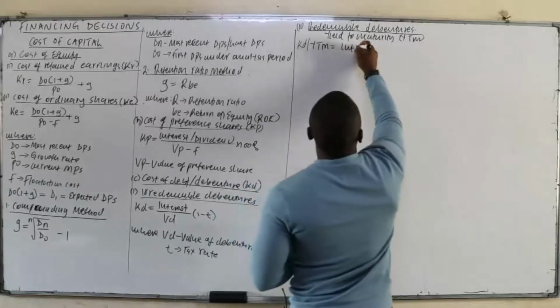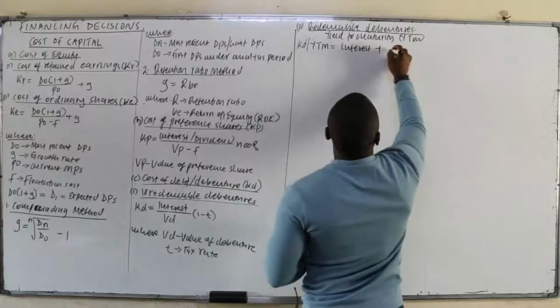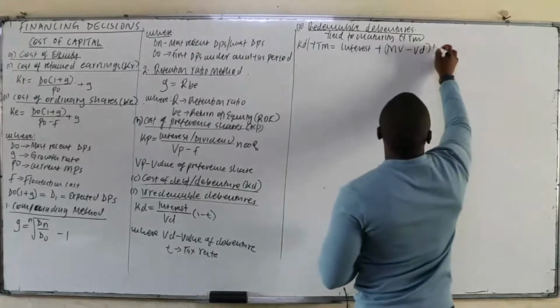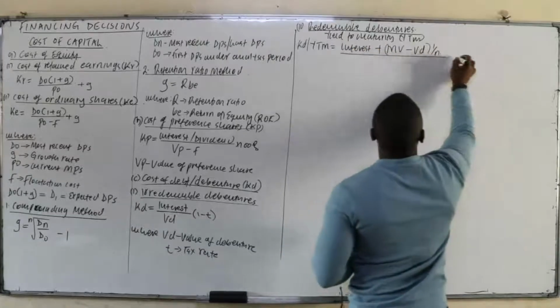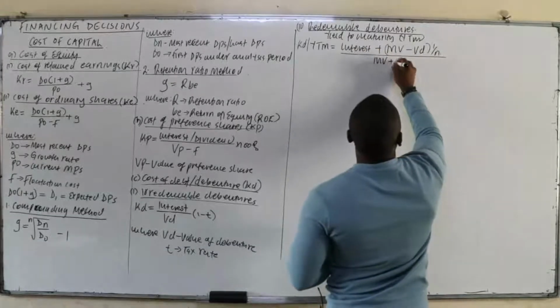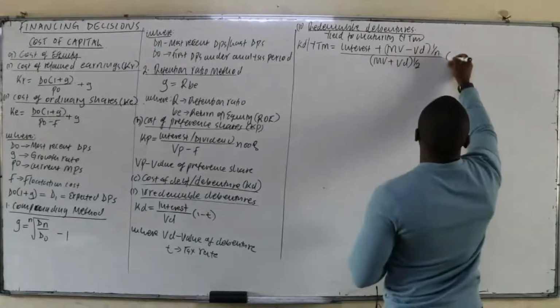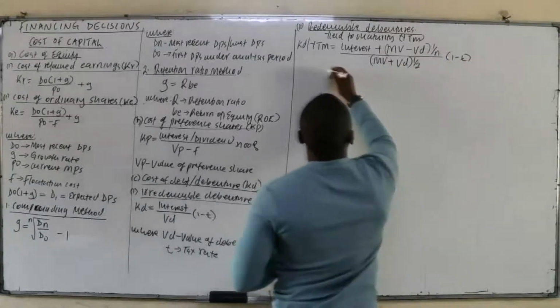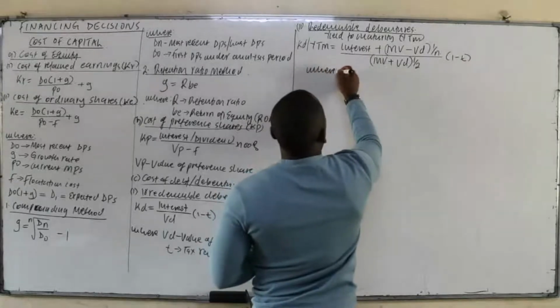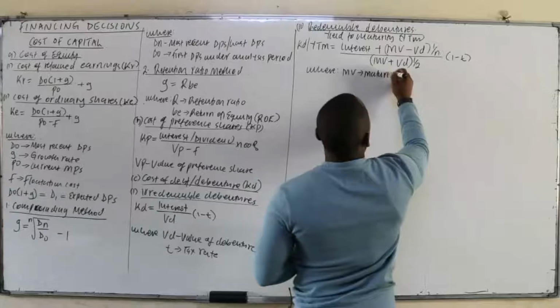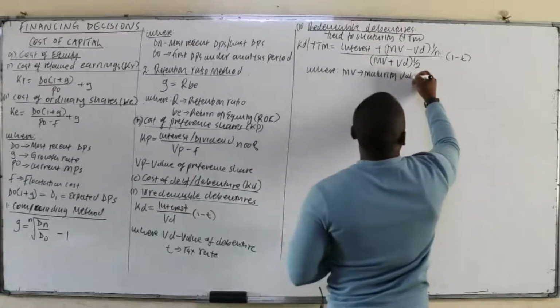You take the interest plus maturity value minus the value of the debt, times 1 over n, all of it divided by the maturity value plus the value of the debt. Then you get the average, times 1 minus T, where MV is the maturity value.